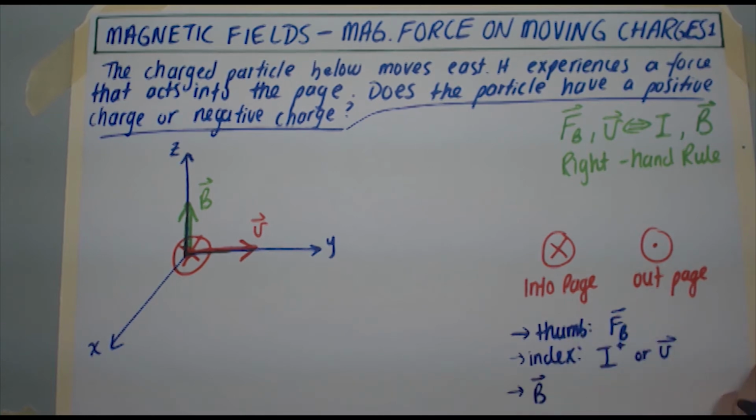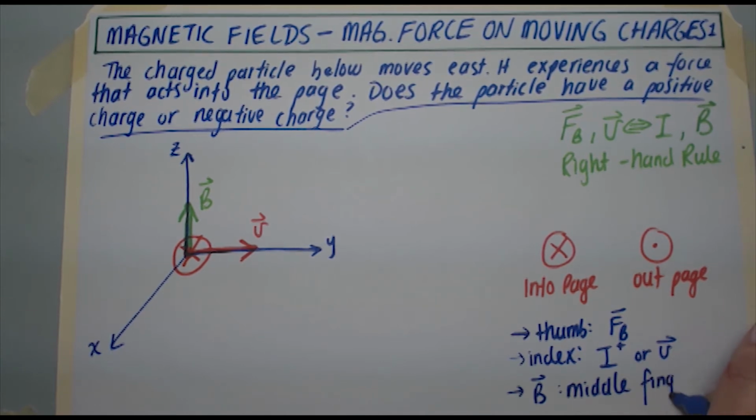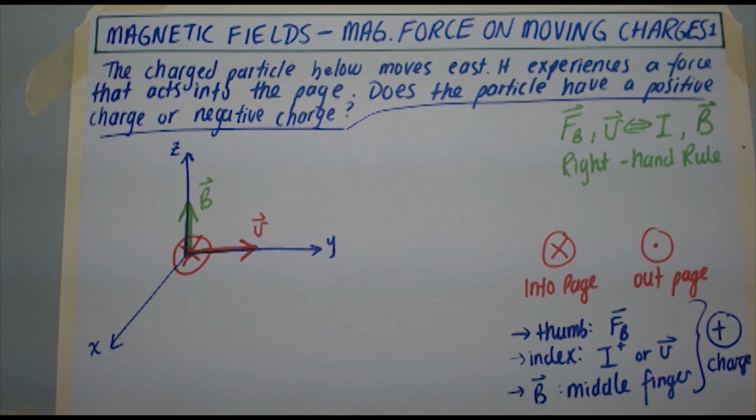And your magnetic field is going to be your middle finger. I didn't write that in the same order, but that's okay. So thumb, magnetic force; index finger, the motion of your particle; and the middle finger is your magnetic field. What you have to remember is this is only for a positive charge. This rule is for a positive charge only.